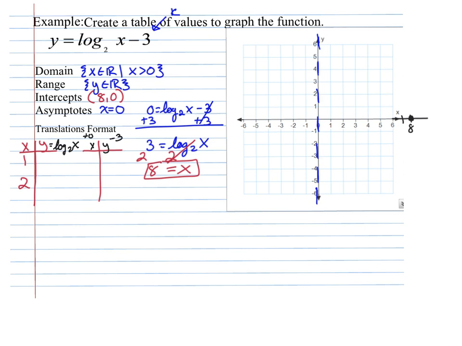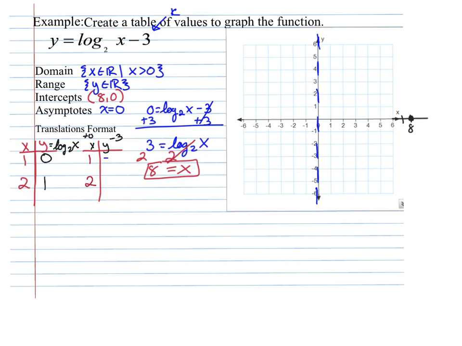Once we do log 2 of 1, we know that is 0 from our properties. And then log 2 of 2, that is just 1 because of our properties again. So our x values do not change. They'll stay 1 and 2. But our actual y values will change by -3.